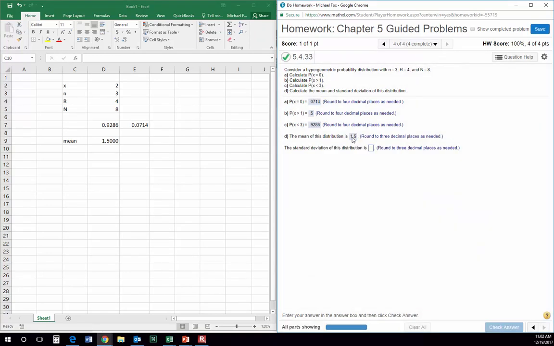And then our standard deviation of the distribution, this is a little bit more involved. I mean, it's still just a formula, but you've got to do the formula.